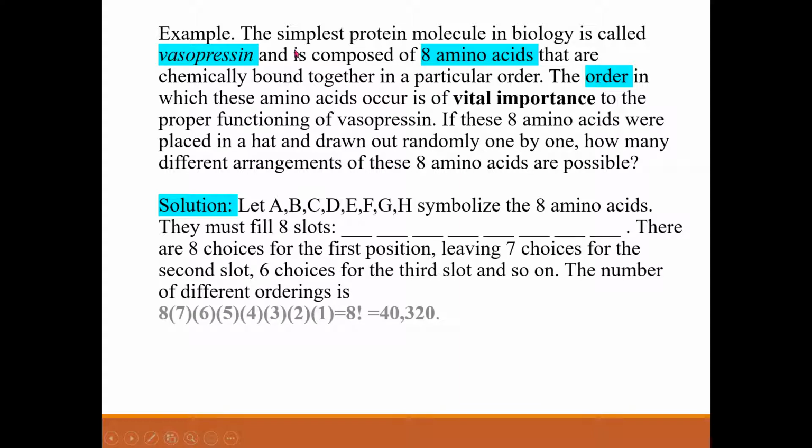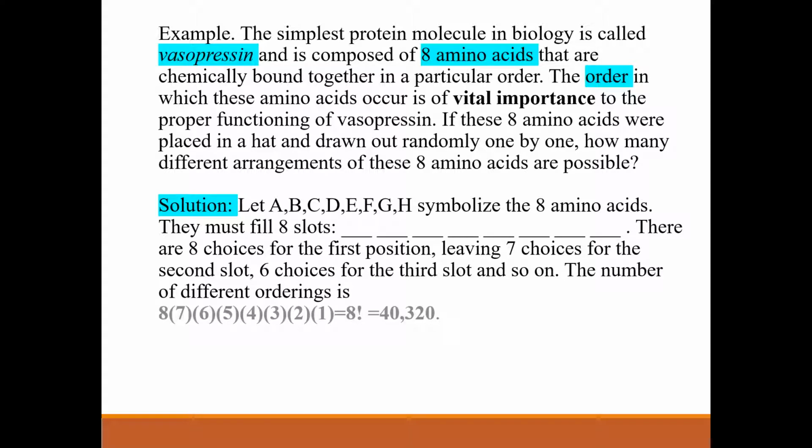That is, to have a particular form of vasopressin, it is necessary that a particular order of these amino acids should be there. Okay, so if these 8 amino acids were placed in a hat and drawn out randomly one by one, how many different arrangements of these 8 amino acids are possible? That is, in how many ways can we do it?